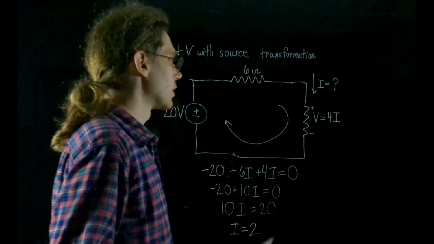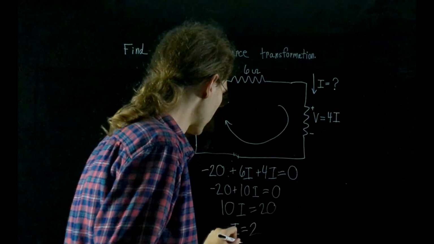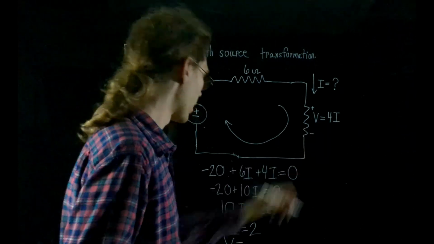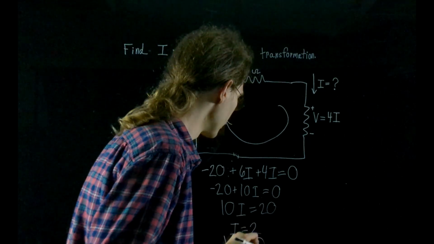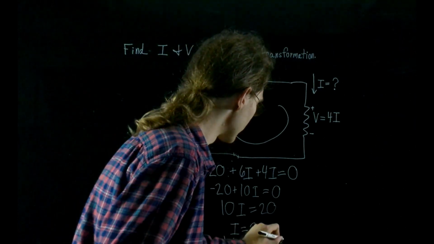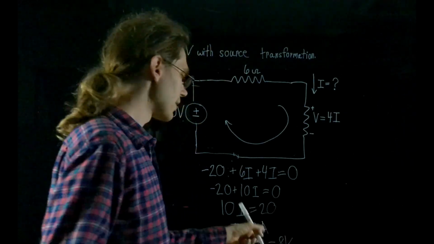And finally, we can very easily solve for the voltage by substituting 2 for I, which is then 4 multiplied by 2, which equals 8 volts. Always remember to write the units beside them.